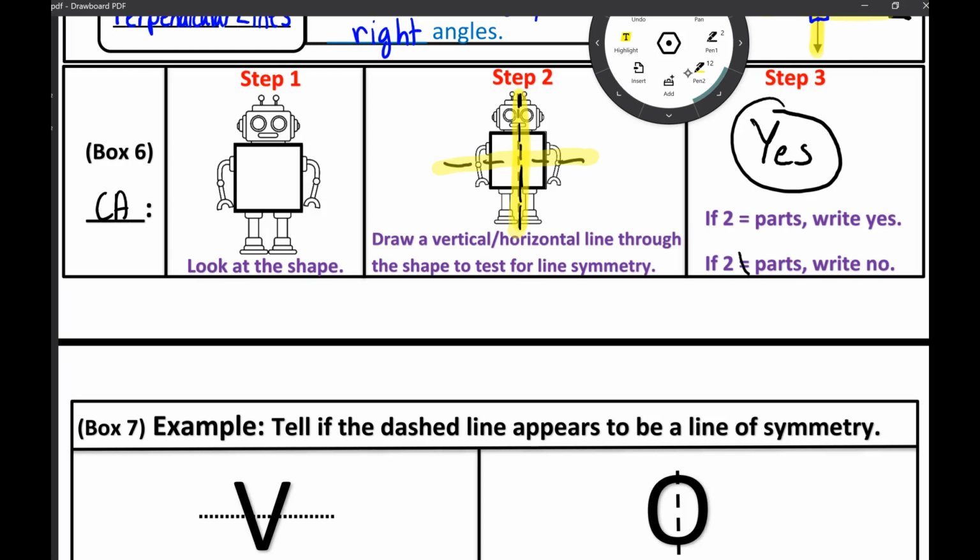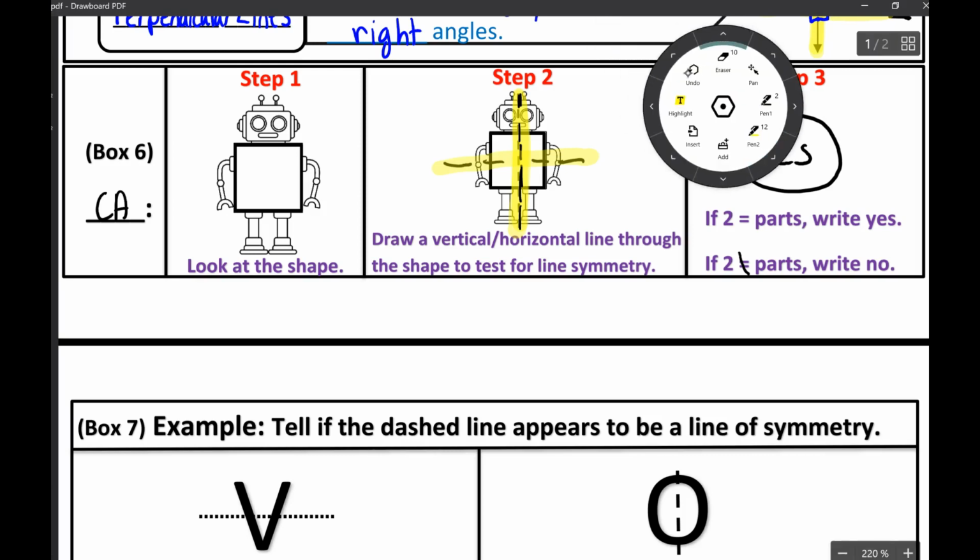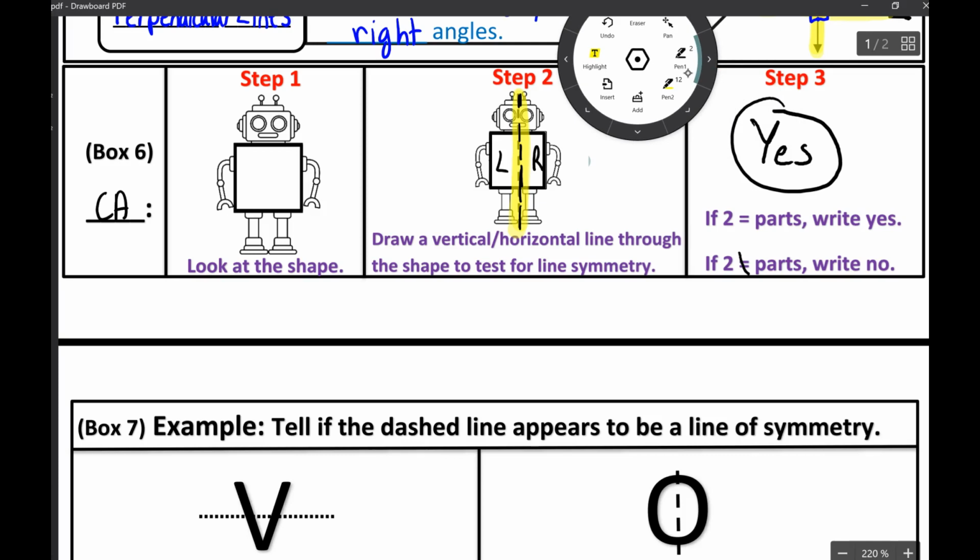I would have the head and the feet, touching, but they wouldn't be equal. The other way, right, if I cut it vertically, let me just kind of erase this. If I cut it vertically, okay, it does produce 2 equal parts. It produces the left side of the robot. Watch, I'll just put an L, and then it produces the right side of the robot, okay? But both of those sides are equal. Okay, so kind of keep that in mind.